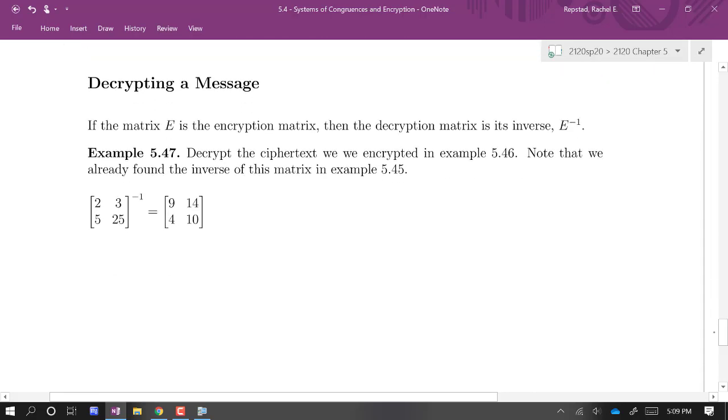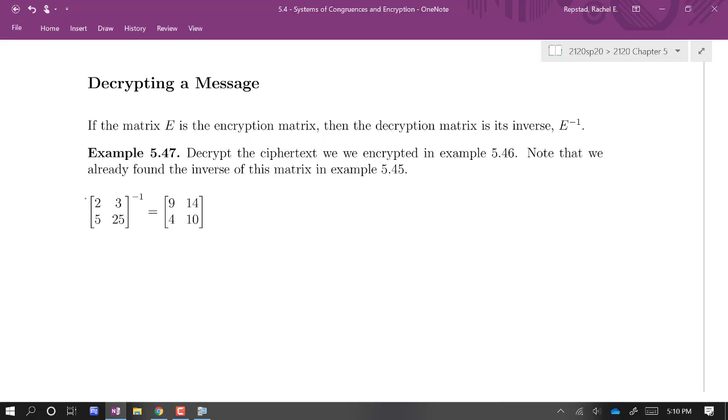When we decrypt a message, we use multiplication. We multiplied by an encryption matrix to encrypt a message. So in order to decrypt a message, we're going to multiply by the inverse of that encryption matrix. We found earlier that the inverse of the matrix 2, 3, 5, 25 is 9, 14, 4, 10 over Z29.